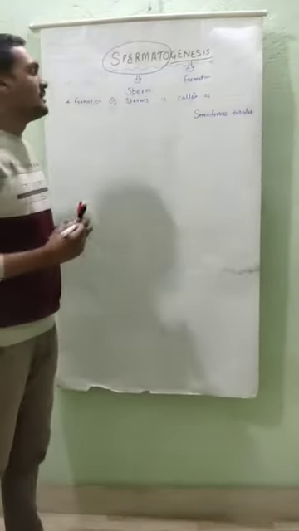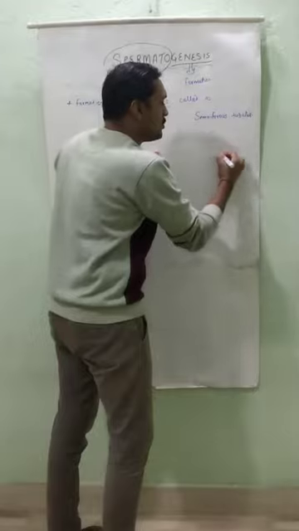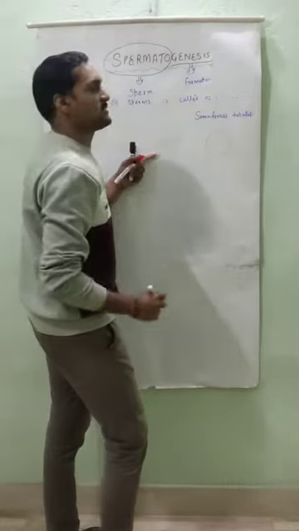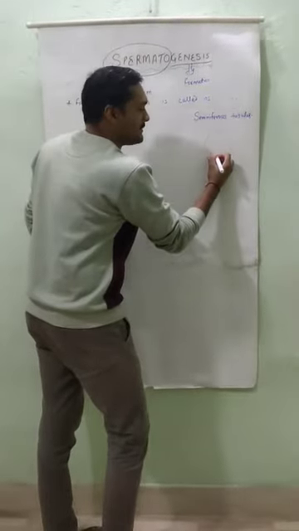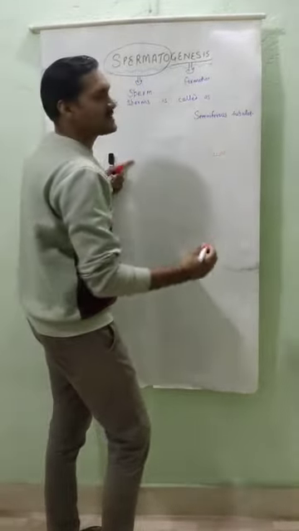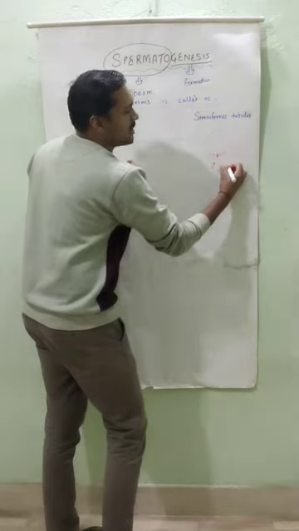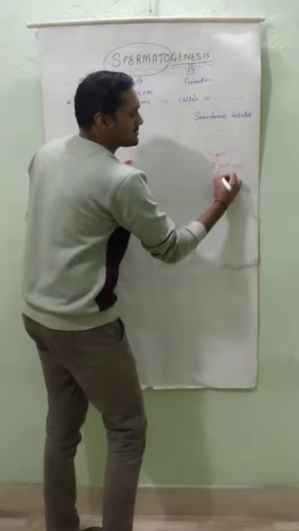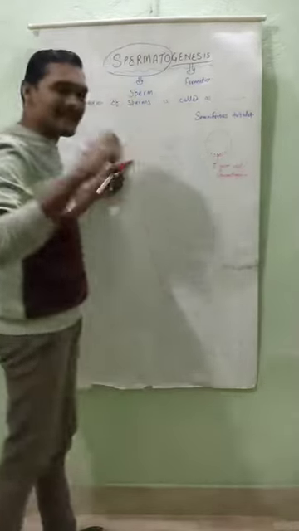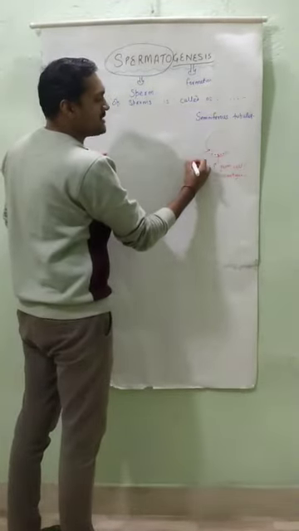We have read that the seminiferous tubules are lined on the inside by two types of cells. The first type of cell is the male germ cell, which is also called spermatogonia, and the second type of cell is the Sertoli cell.